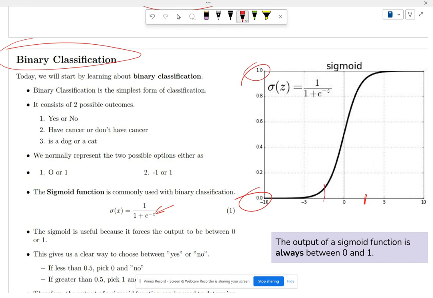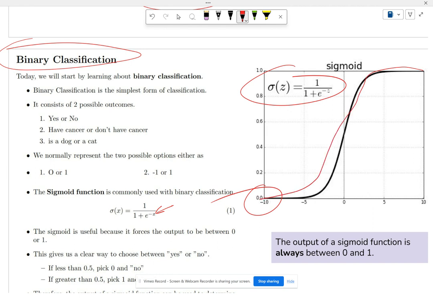This is the shape of a sigmoid. Here the output is pretty close to 0, here it is 0, and here it is 1. When you're trying to predict binary things, where it's either 0 or 1, it makes sense to put your value into a function such that the output is constrained within 0 and 1. That's why sigmoid is a really popular function.